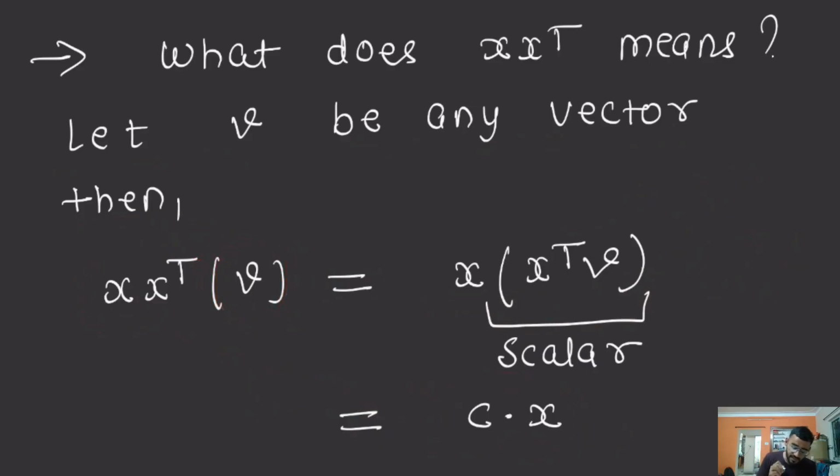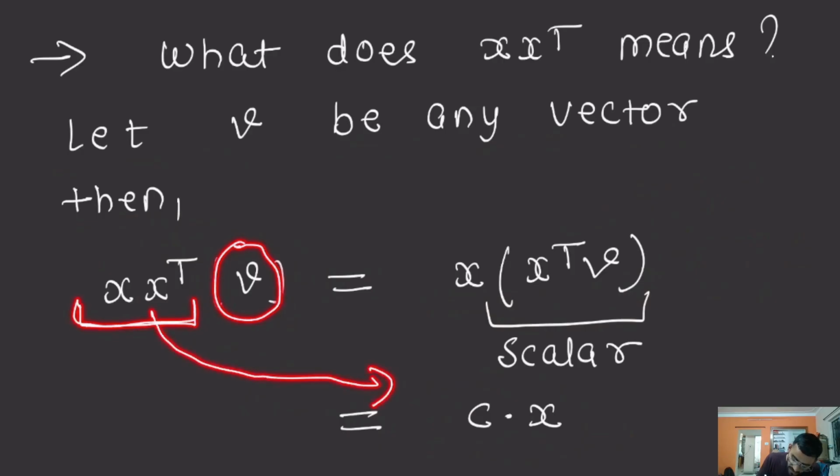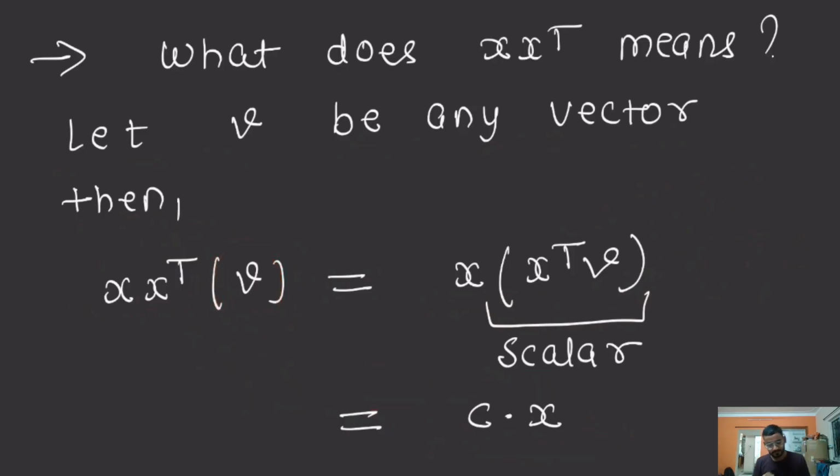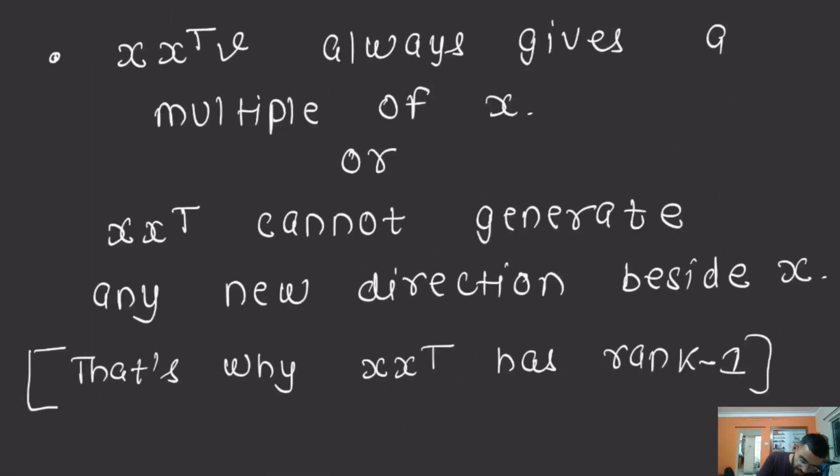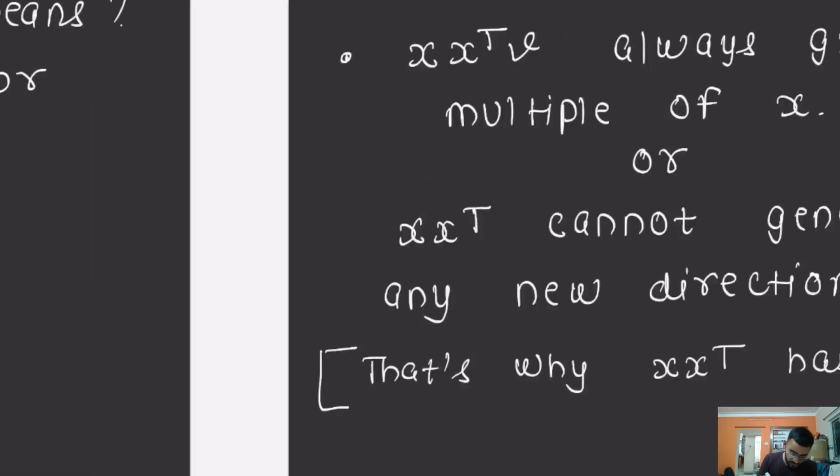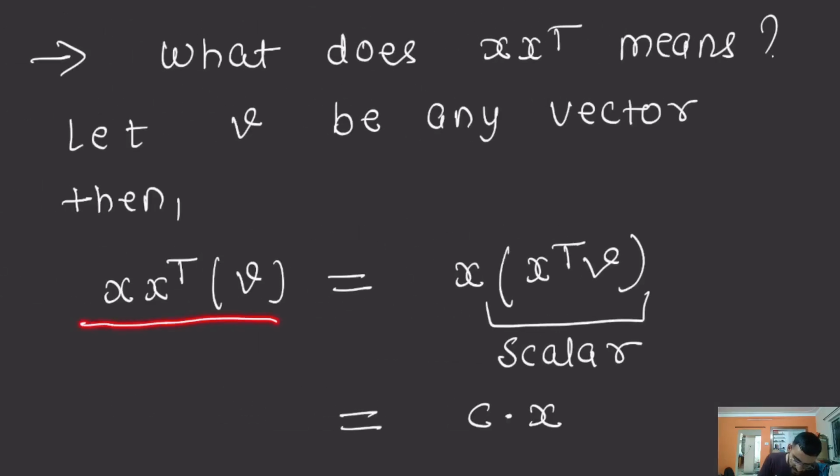So xx transpose V always gives a multiple of x.